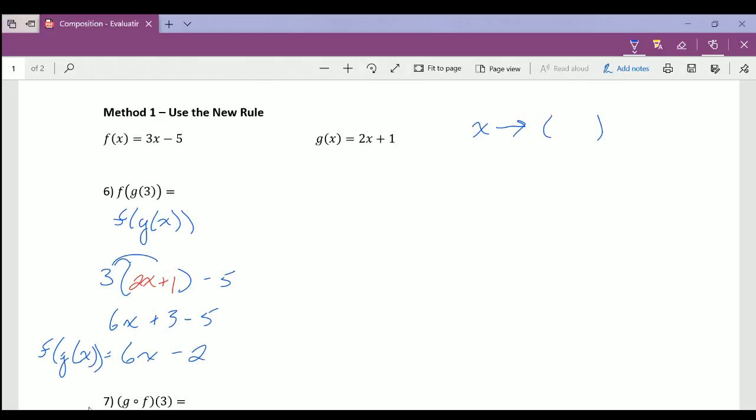Now that we have the new rule, we can evaluate it for the number 3. We take that rule and write it down. Same process, we replace the x with empty parentheses, so we've got 6x minus 2, and inside those parentheses we will put the number 3.